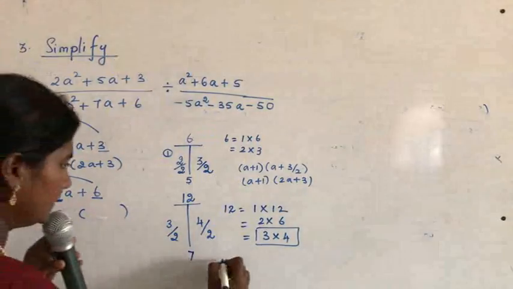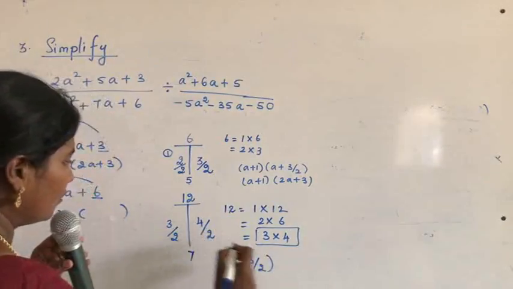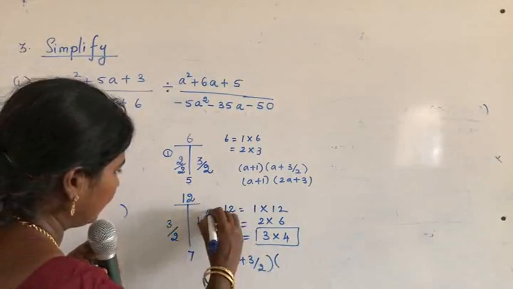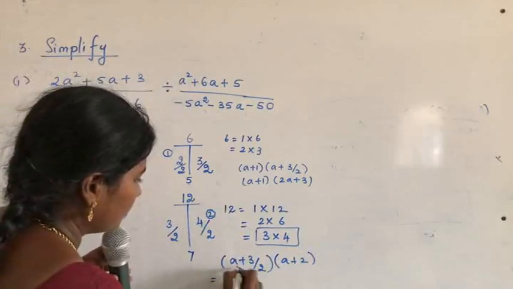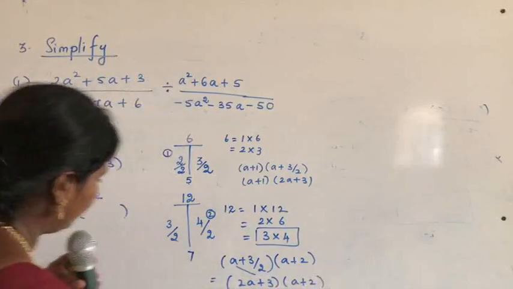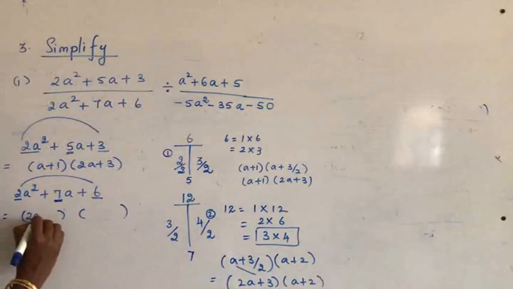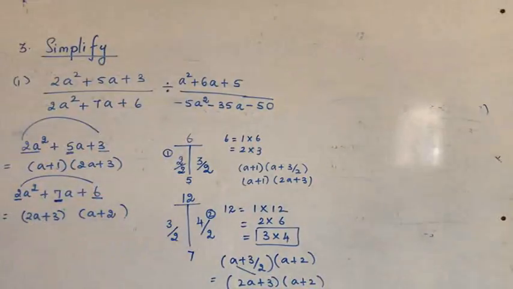A. So what do you get here? A plus 3 by 2. 4 upon 2 is 2. So you get a plus 2. So this is nothing but 2a plus 3, a plus 2. So I'll write the answer over here: 2a plus 3, a plus 2.